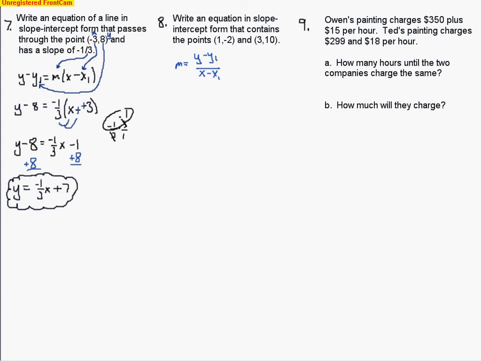So when we do that substitution, we're going to take our two y values. Remember, y's are the last numbers. So there's a y, and 10 is also a y. So it goes negative 2 minus 10. So that's on top of the fraction. What's on the bottom? Well, we've got the x values.